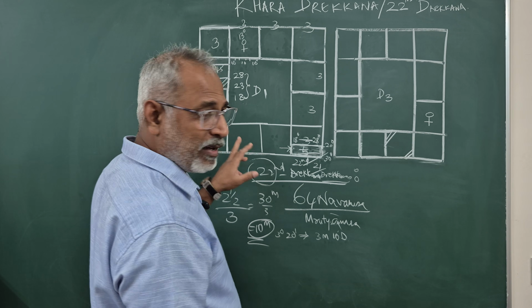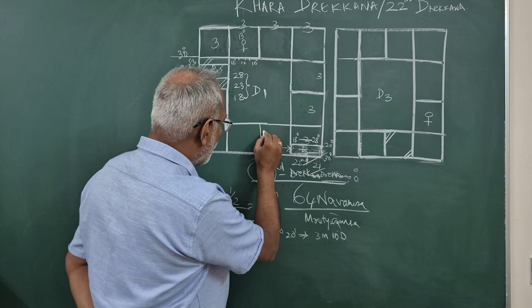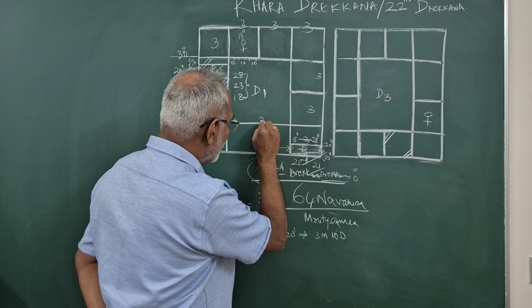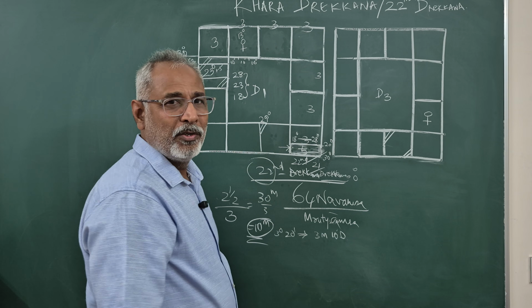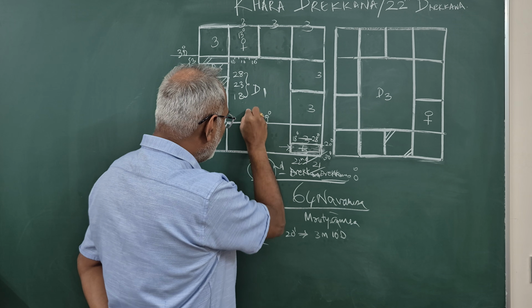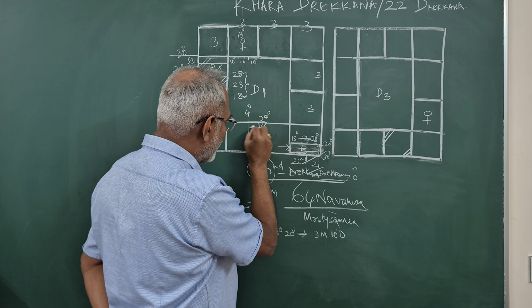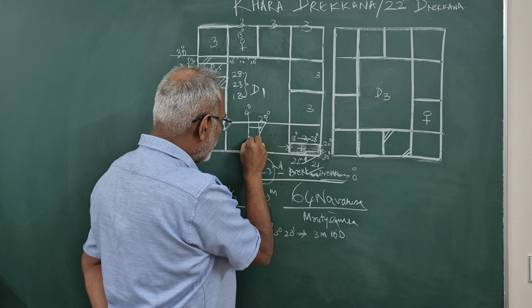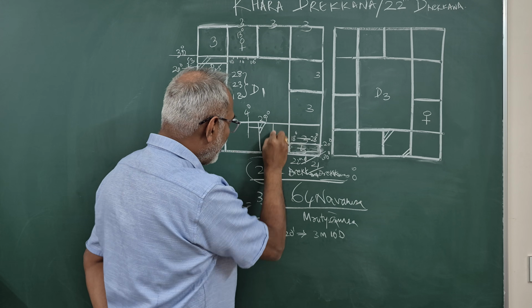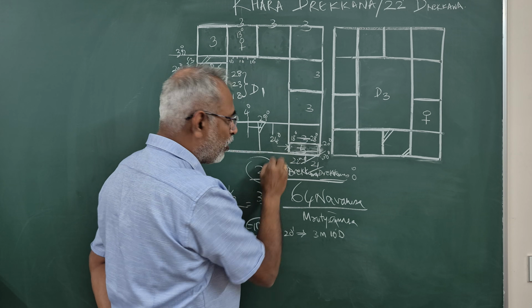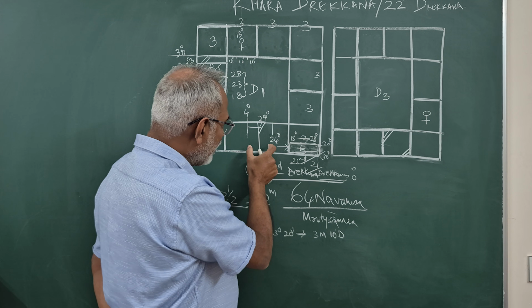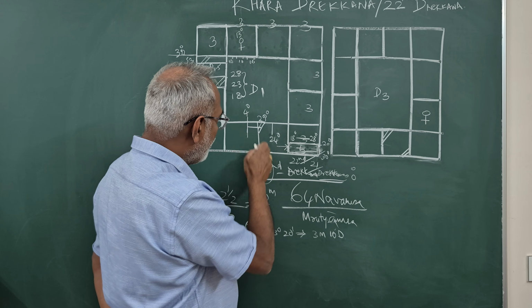What if I take another example? I'll take another example of the ascendant at 29 degrees. So I'll be taking 4 degrees, that is 5 degrees here. If I add, it will be 4 degrees into Scorpio and 24th degree of the sign of Libra.